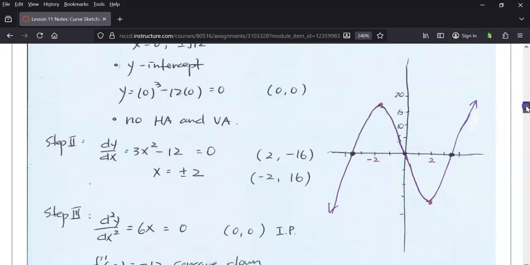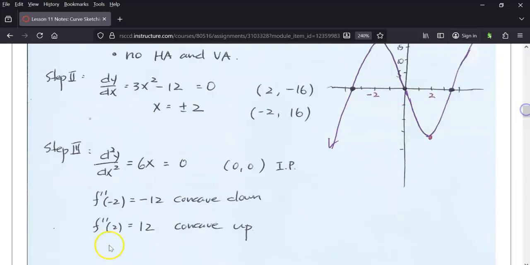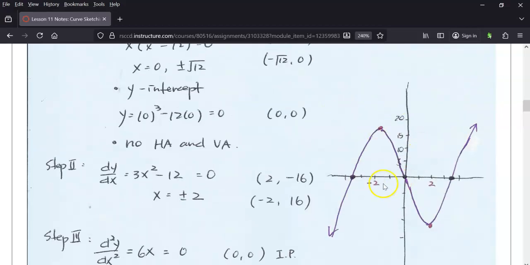But furthermore, what's important is that if we plug in 2 and negative 2 that we found earlier, this is called the second derivative test. At 2 and negative 2, you have a possible maximum or minimum point. Now, how do you tell which is the maximum and which is the minimum?